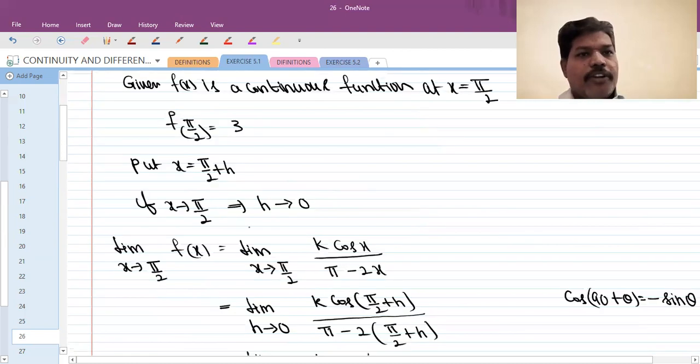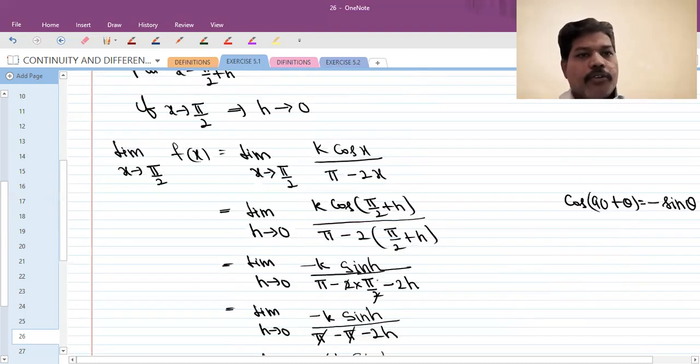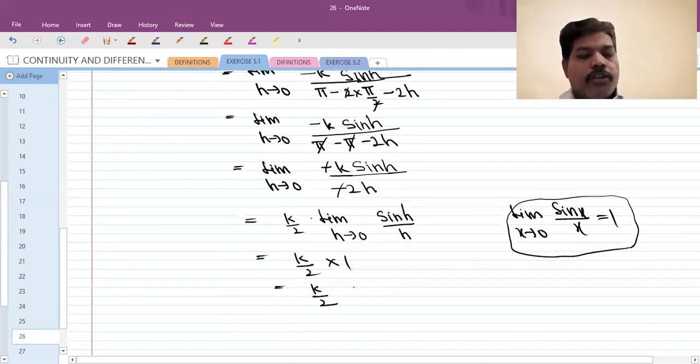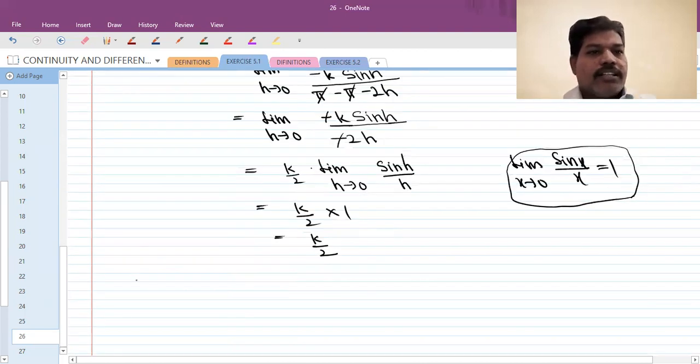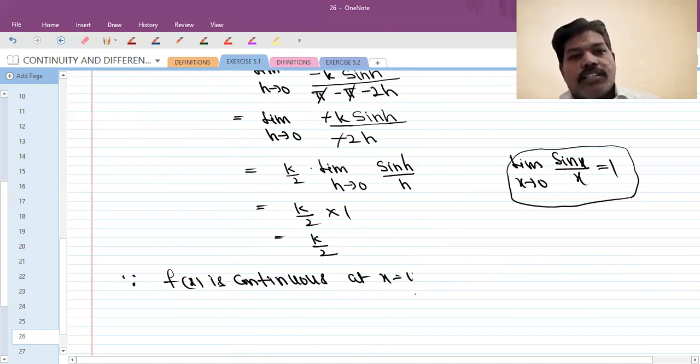So f of pi by 2 is 3 and limit x tends to pi by 2, f of x value is k by 2. Given that f of x is continuous at x is equal to pi by 2, what is the meaning?